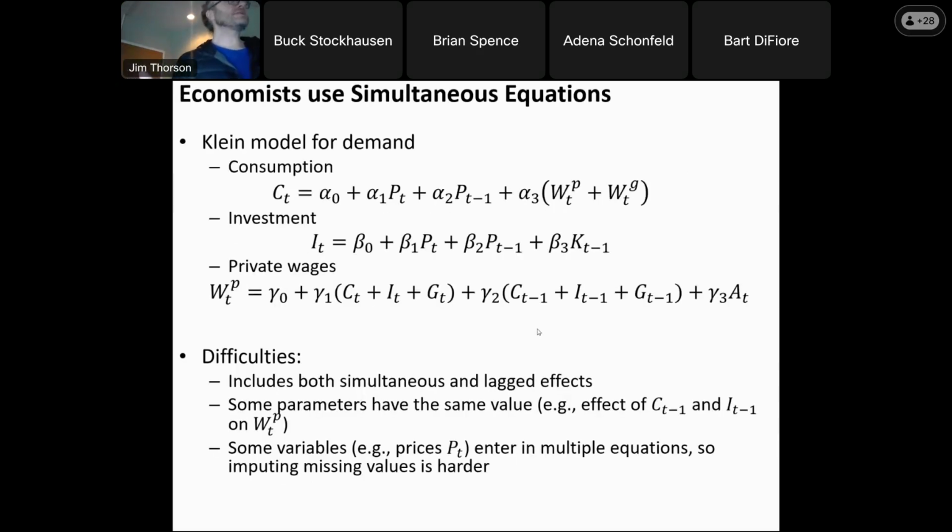So economists do this. There's a guy, Klein, who is sort of the father of input-output models. Just on a tangent here, on the early input-output modeling, there's a guy named Leontief who is the father of input-output models, and it got picked up by the Soviet Union, actually. But they didn't really know the math that well.